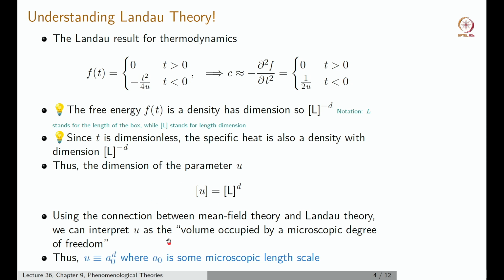Okay, so this is the idea. So we have now interpreted the Landau specific heat as 1 by 2u, as 1 by some microscopic volume. Okay, very good. So this is one side of the story. Now let us look at Landau-Ginzburg theory and try to figure out what dimensional analysis can teach us there.